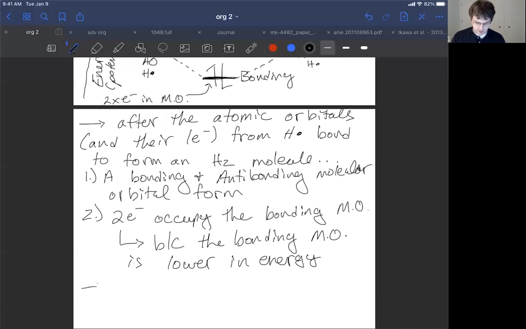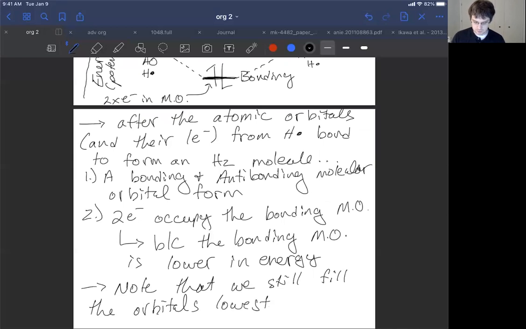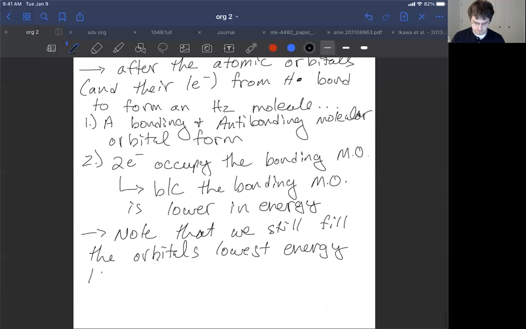That's a good note to make: we still fill the orbitals from lowest energy first, and we can fill 2 electrons per orbital. It doesn't matter if it's atomic or molecular.